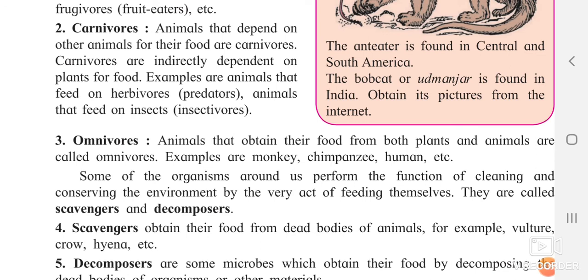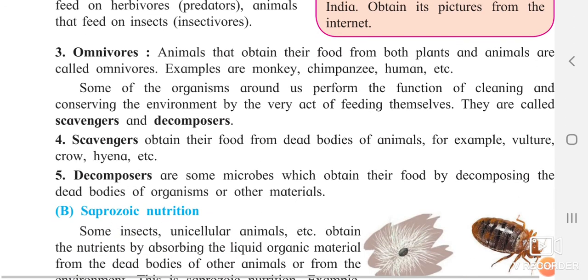So scavengers are the same. They are dependent on the dead bodies of animals for their food. And decomposers means what? Yes, the ones which help in decomposition. For example, the microorganisms which help in decomposition are said to be decomposers.